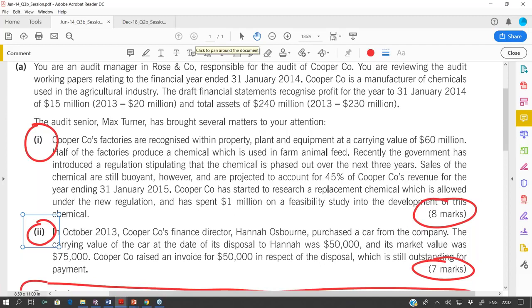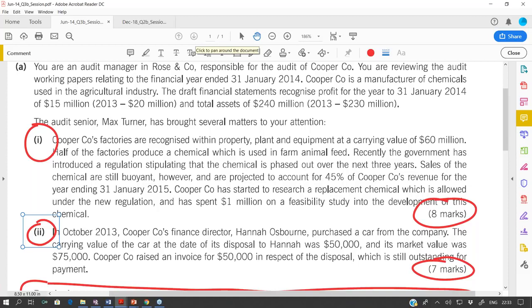Is the government regulation a condition for testing the factories for impairment? The government has introduced a regulation stipulating the chemical which is made in the factory. So is that an indicator of impairment? Should I review the factories for impairment?